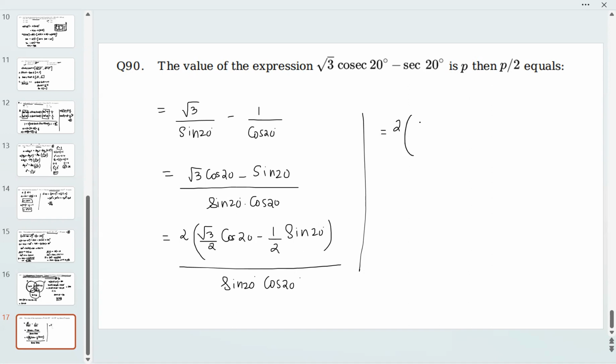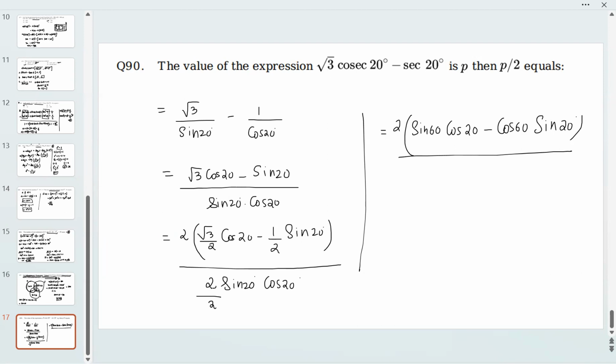So I'll write sine 60 degrees cos 20 minus half, and this half I can write as cos 60 degrees, cos 60 sine 20. Now I can also multiply and divide by 2 here.